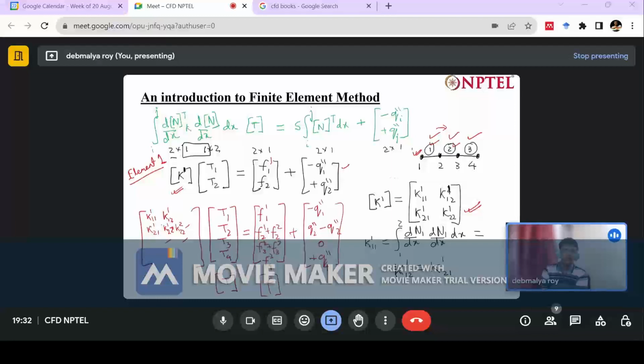So they will have contributions from both the element preceding the node and the element right after the node. So we have to keep in mind which elements are contributing to which particular entry in the matrix.